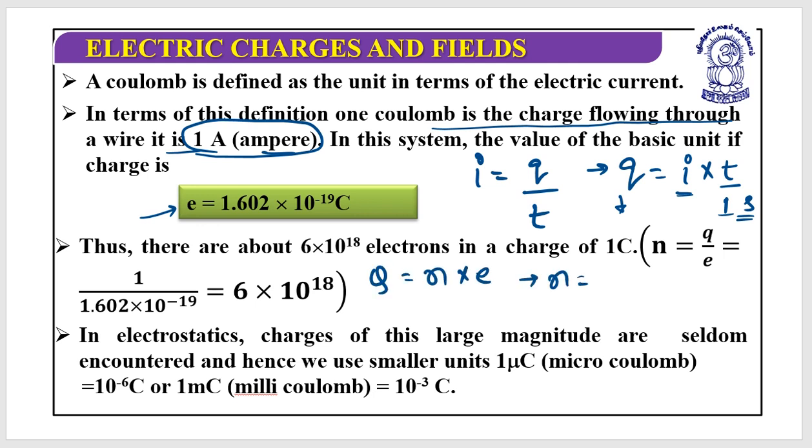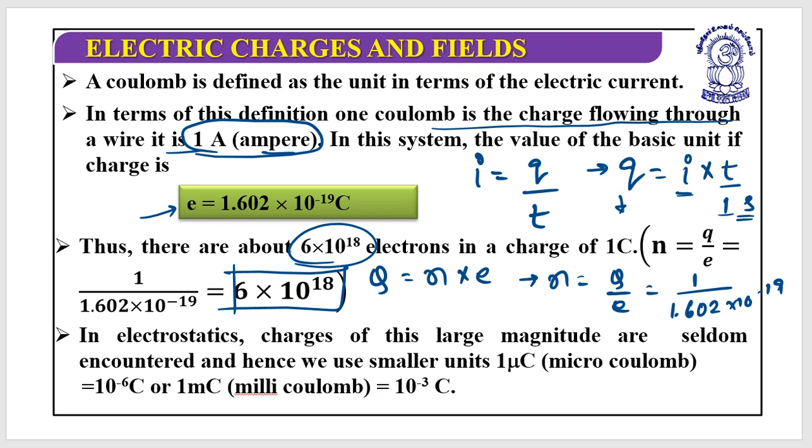From this I can write n equals Q by e. Q is 1 coulomb of charge, and e is 1.602 into 10 to the power minus 19. You would be surprised that this comes to 6 into 10 to the power 18. So there are about 6 into 10 to the power 18 electrons in a charge of 1 coulomb.